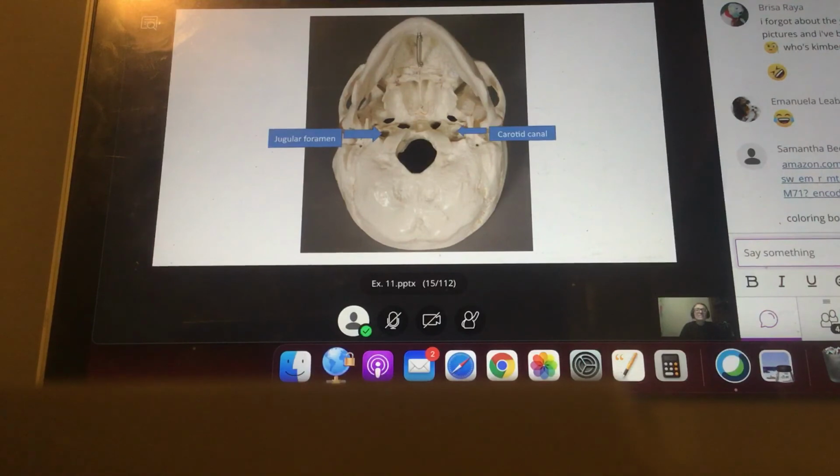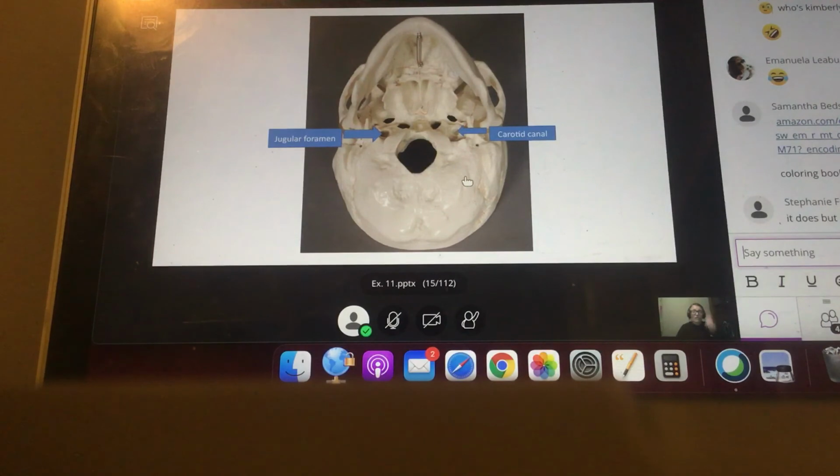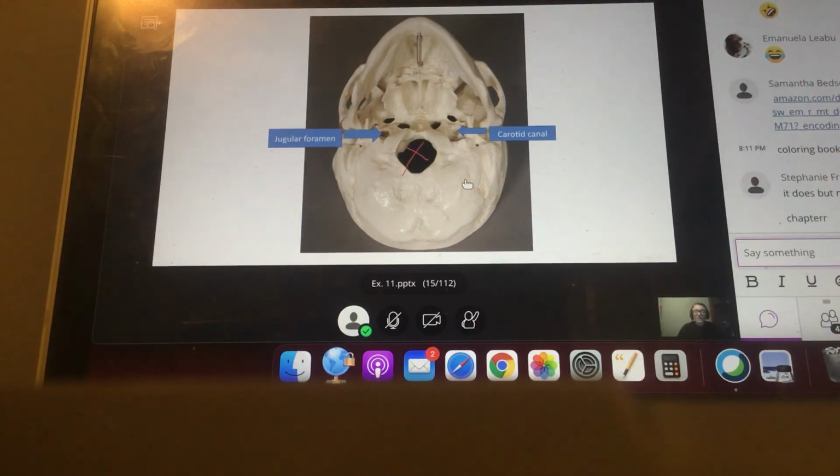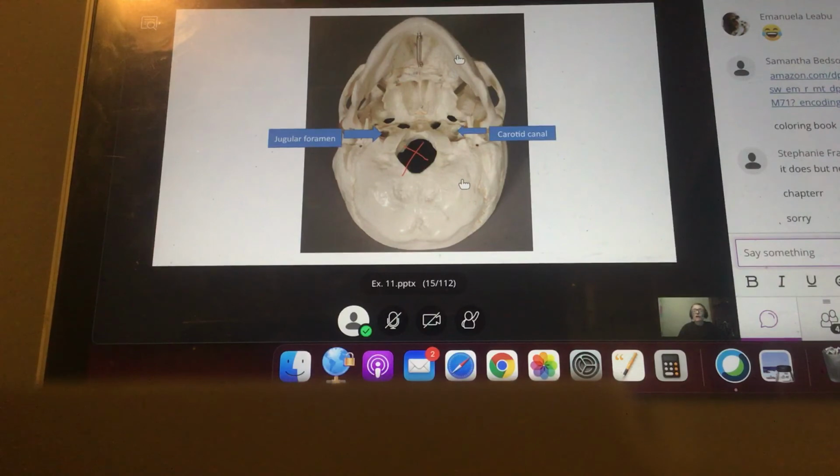So back to this for the last two. We'll do the two: the jugular foramen and then the carotid canal. So again, start off here with the foramen magnum. Know this is going to be posterior. And then you're going to go up here.